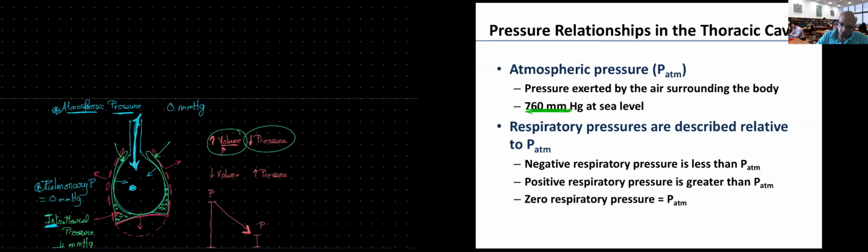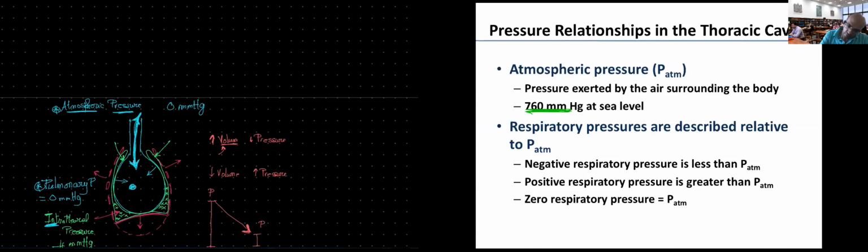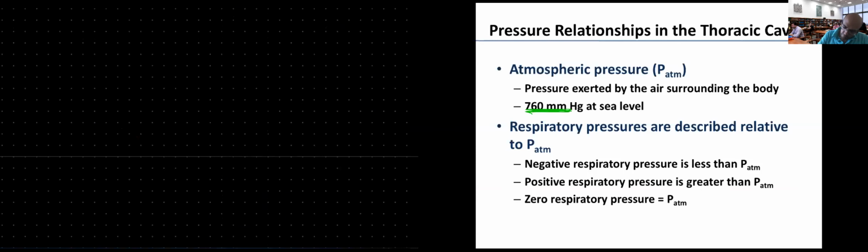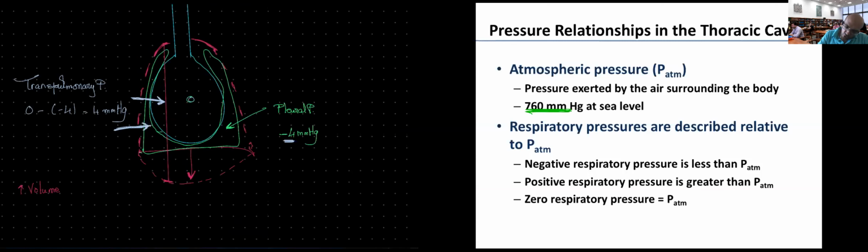So here in the thoracic cavity, I've got a pressure of 0 millimeters of mercury outside, and in the thoracic cavity I have a pressure of -4 millimeters of mercury, which is the intrapleural pressure. So when I increase the volume, this pressure is going to decrease.